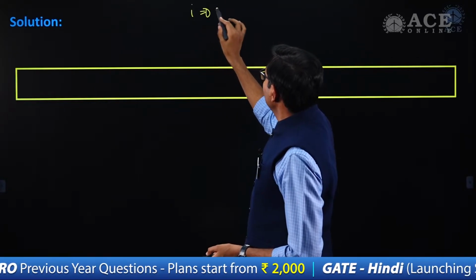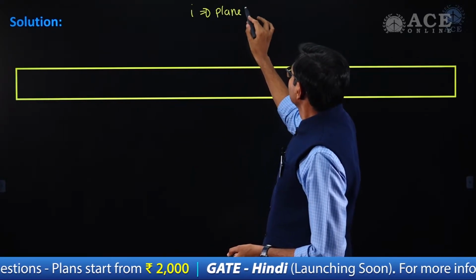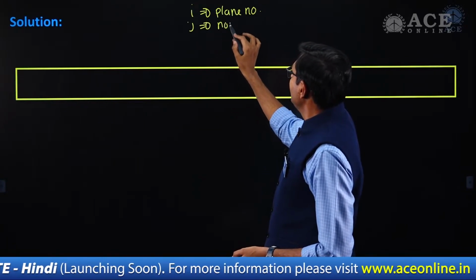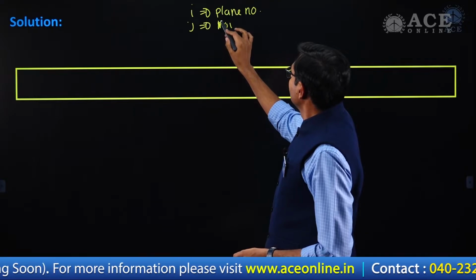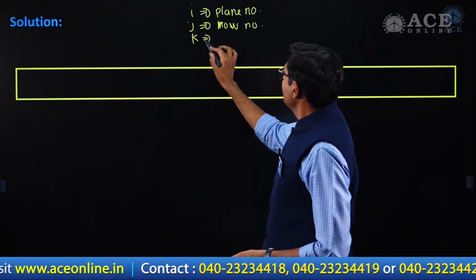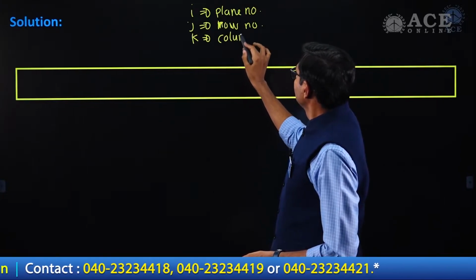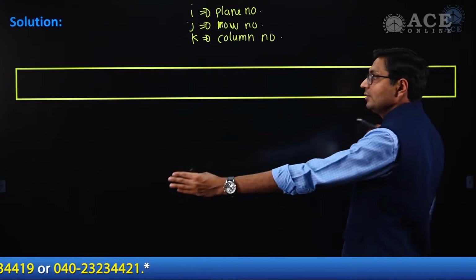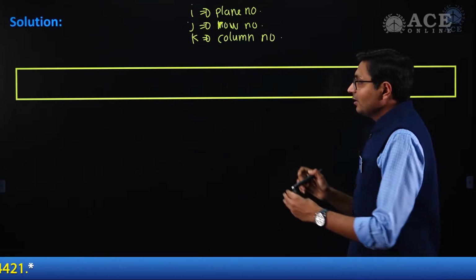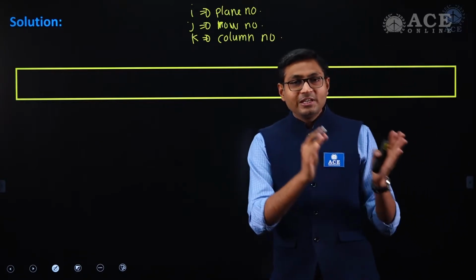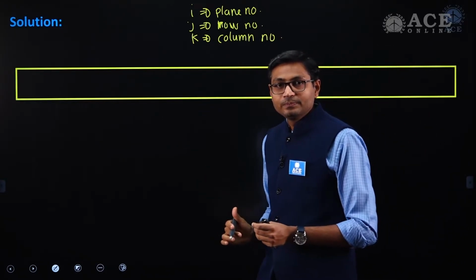This is the plane number. j. This is the row number in the plane. And k is the column number. Alright. So all these 27 elements will be arranged plane-wise. First plane, second plane, and third plane.